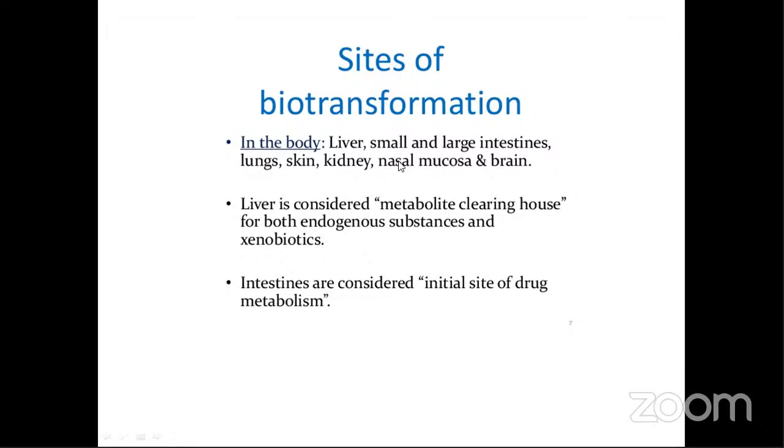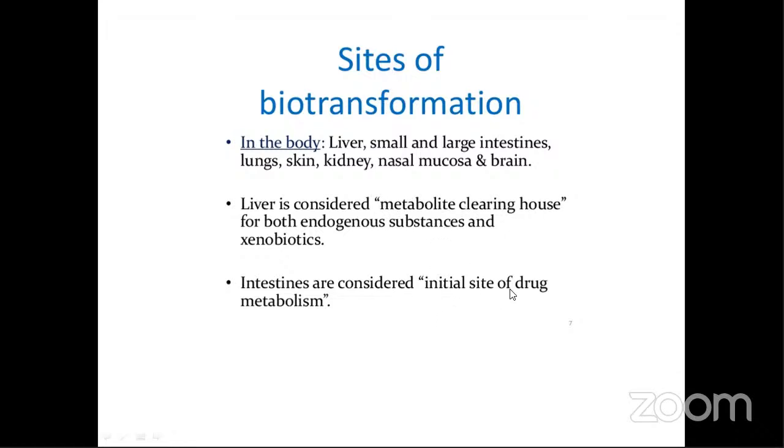But in some cases, the kidney and your intestines are responsible for metabolism. The intestine is considered the initial site of drug metabolism. Initial means that in the primary stage they are metabolized. Some of the drugs are metabolized in the intestine, but mainly in the liver, which is called the metabolite clearing house.